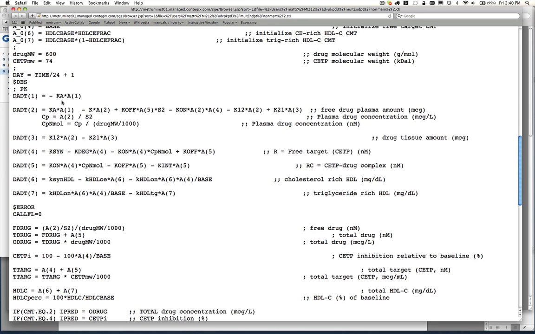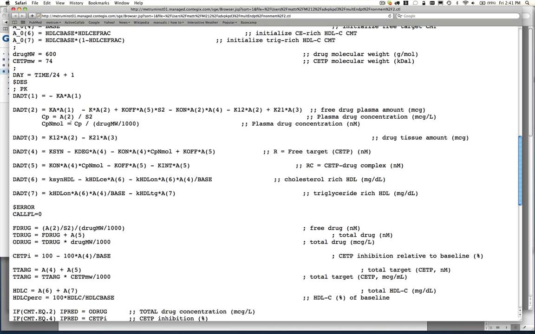So you've got a depot compartment, you've got your central compartment, your peripheral compartment, and within that central compartment you have equations describing the on rate and the off rate of drug to complex and drug back from complex, and then the transfer to and from that peripheral compartment.